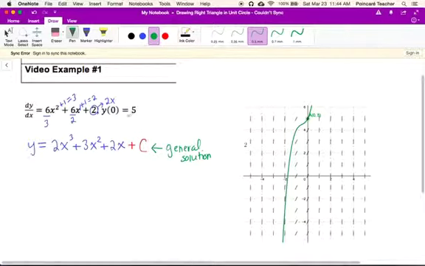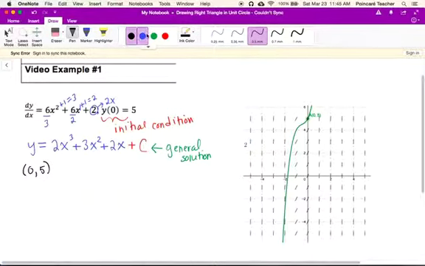Now, since we have what's called the initial condition here, we can pinpoint a specific equation. To do that, we'll use the given point and plug it into the general solution, which will help us find a specific c. So I'm going to write the initial condition as a point (0, 5).